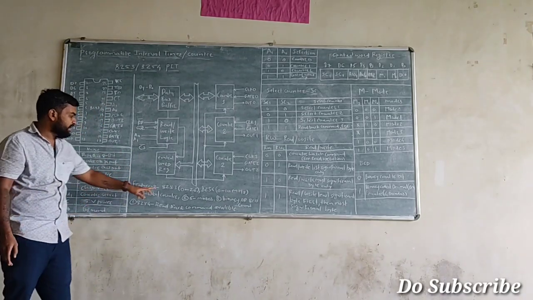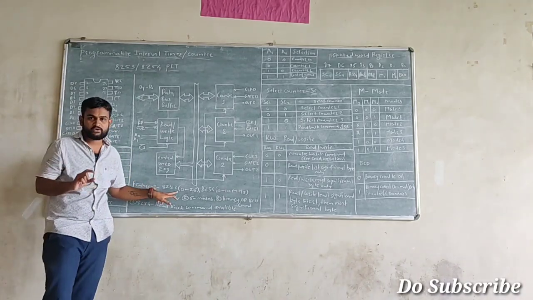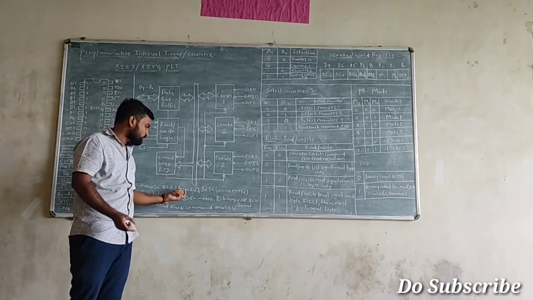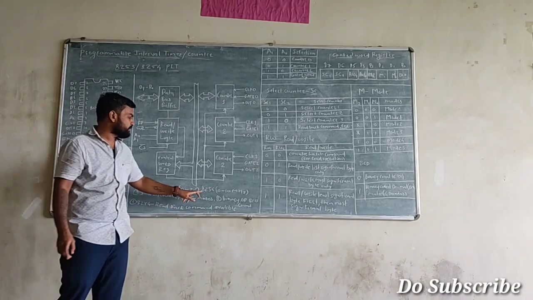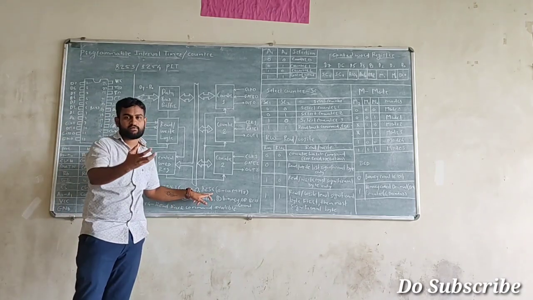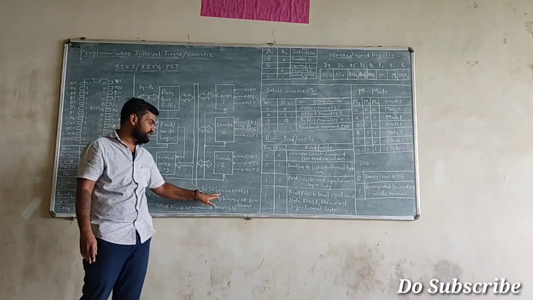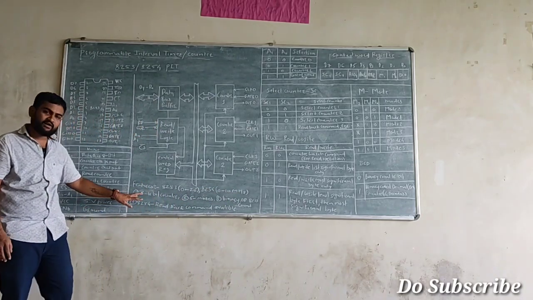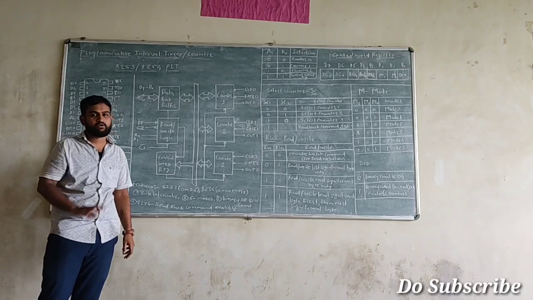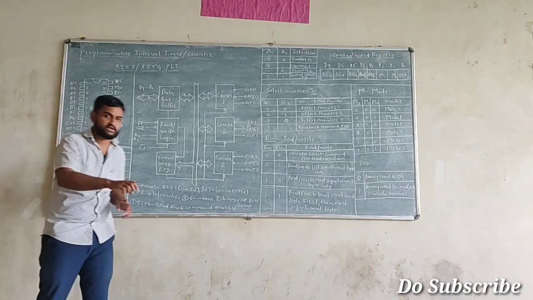If we are using 8253, the clock frequency of 8253 is 0 to 2.6 megahertz. If we are using an 8254, it has better clock frequency support, that is between 0 to 10 megahertz. Second feature is that it has 3 different 16-bit counters, and each counter is a down counter.